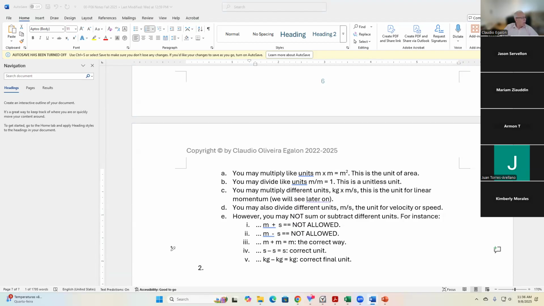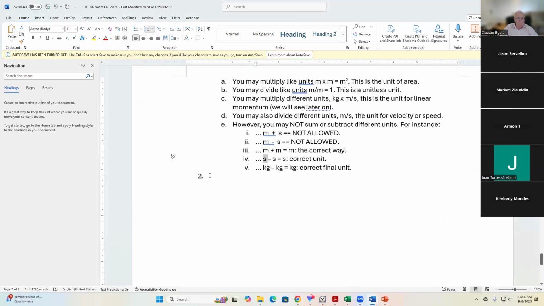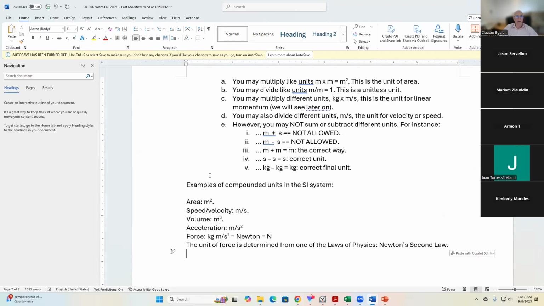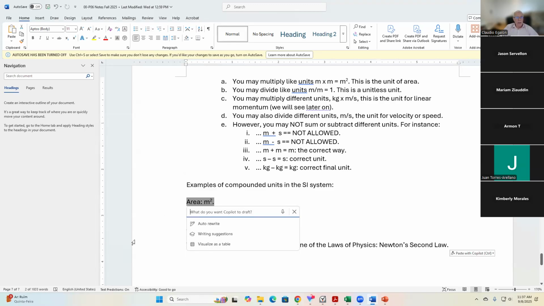Let me give you some examples of compounded units. Other examples of compounded units, right? Area, I mentioned that at the top, is the meter square.